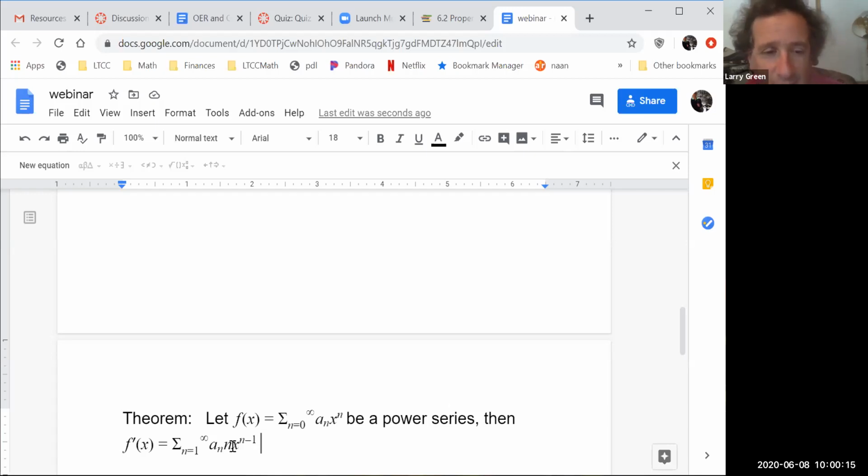Otherwise, you're going to have an x to the negative first power. You have all kinds of problems when x equals 0. It's just going to be bad. So you usually want to start at 1 when you have a derivative. Does that make sense? Because the constant term is gone, we don't even want to think about a sub 0. We're going to think a sub 1. Any questions on that?